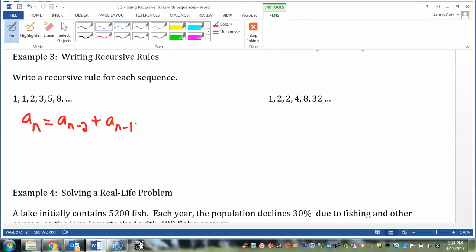Because we can't just start at 1, because then what's a of negative 1, right? That doesn't work. So we need to list out our first 2 terms. So a sub 1 equals 1. A sub 2 also equals 1. Okay?